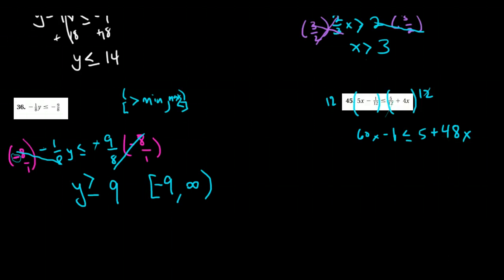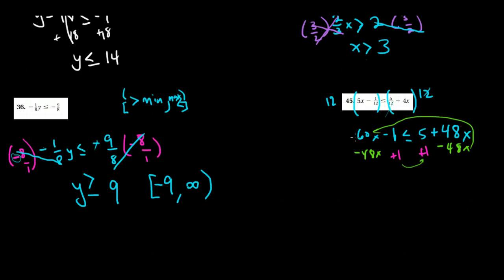Now we just use our tools to solve. We'll subtract 48x from both sides and add 1 to both sides, right? Since we're moving the x's over from here to here, let's take the whole numbers and move them from here to here.